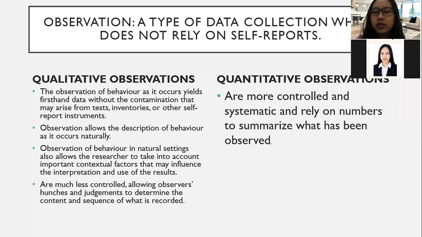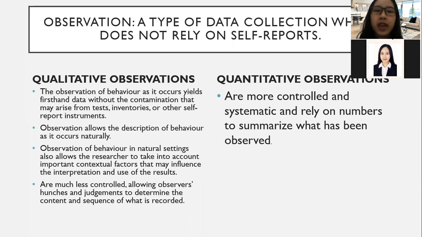So observation. It is a type of data collection which does not rely on self-reports. In qualitative observations, the observation has its own advantages, and in quantitative, it has its own advantages. However, observation is an instrument used only in qualitative study.